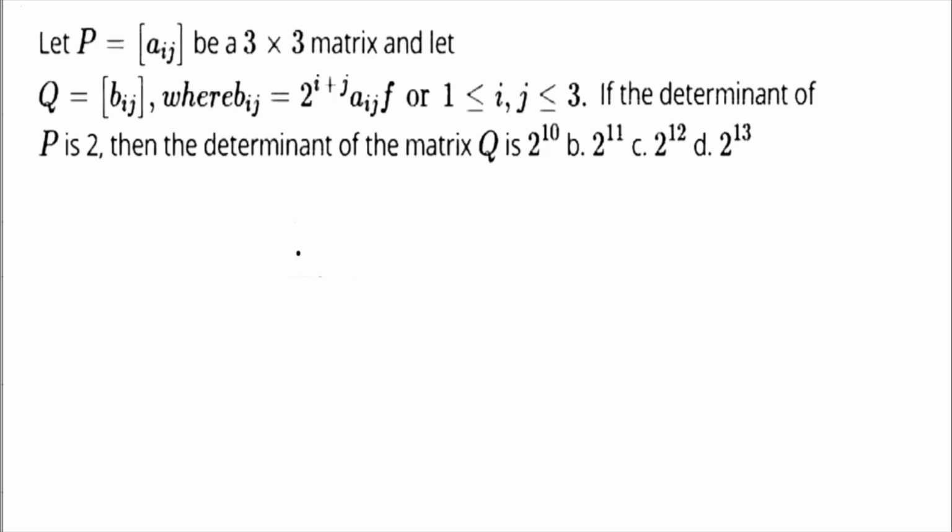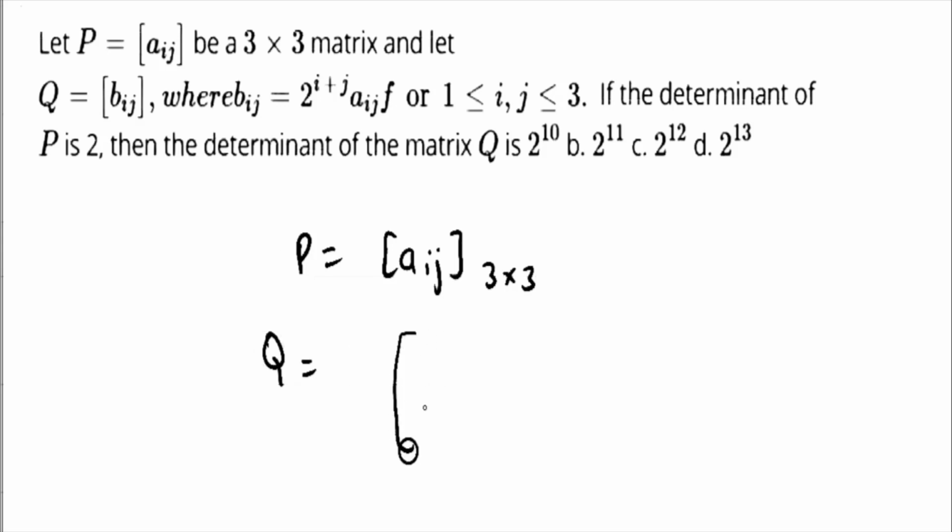Now here we are given that P is a matrix containing elements Aij and it is of 3 by 3 order. Now let Q be the matrix containing elements.